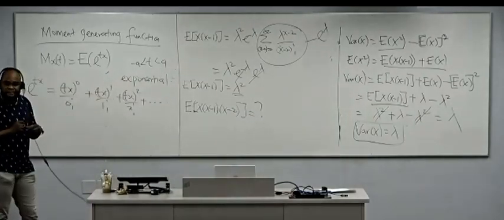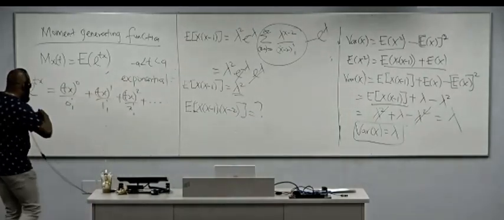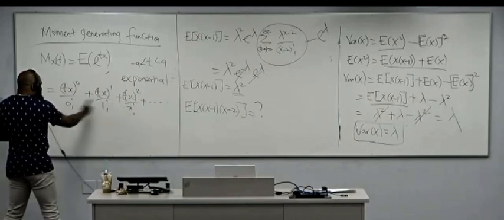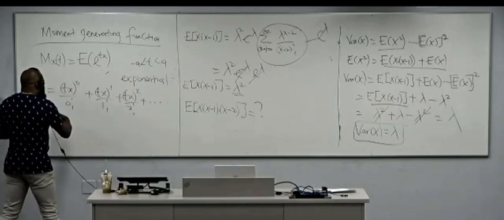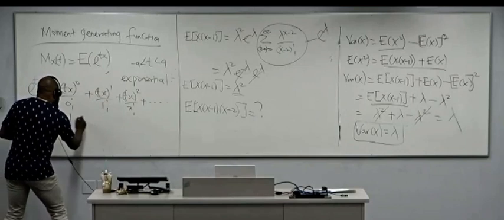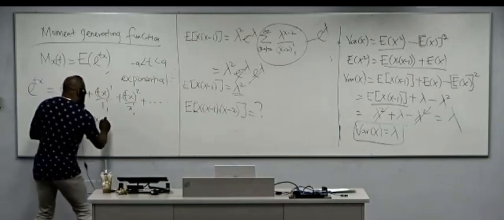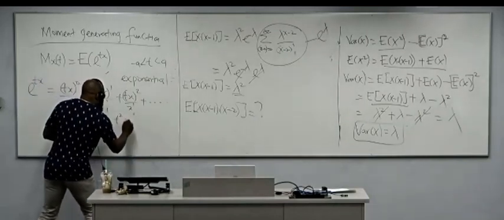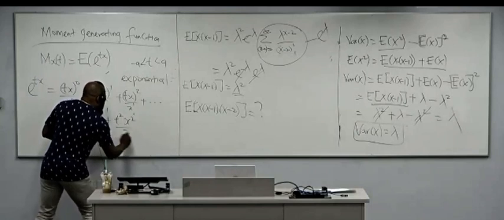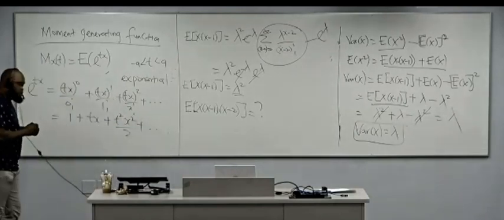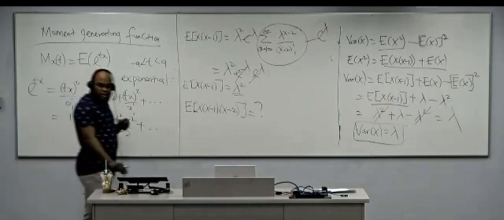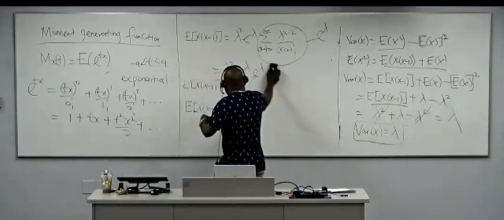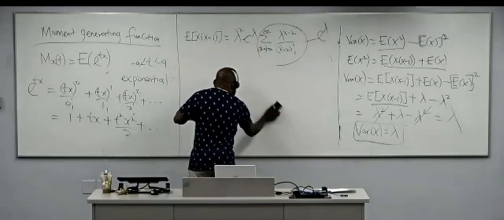Take a look at that. If I want to write that, it's going to be 1 plus tx plus t squared x squared divided by 2, and so on. Now let me take the expectation of all of that.